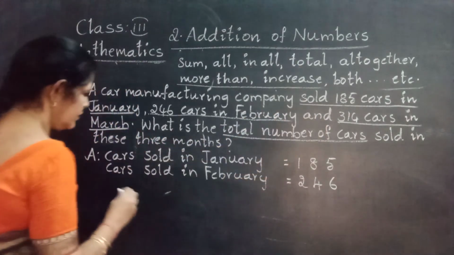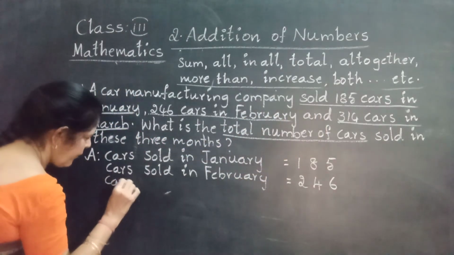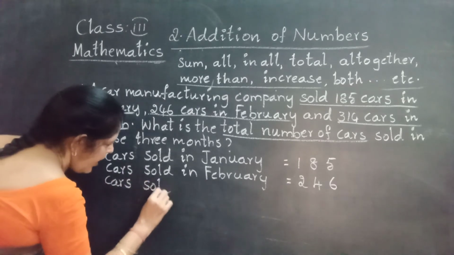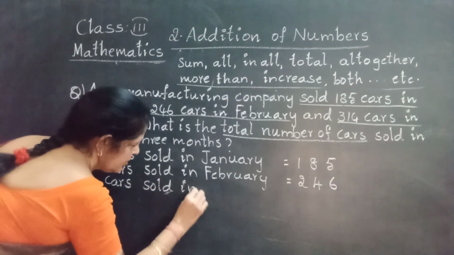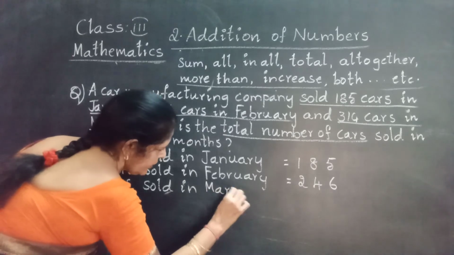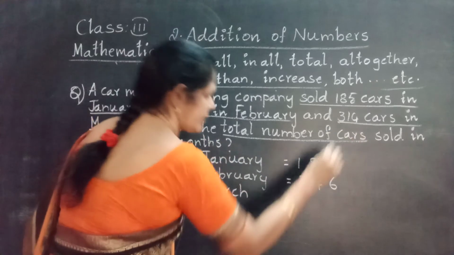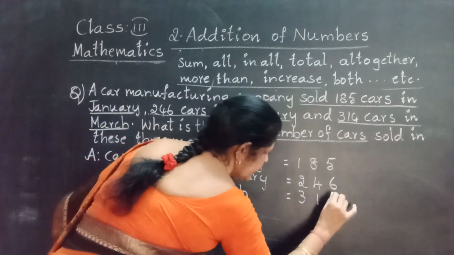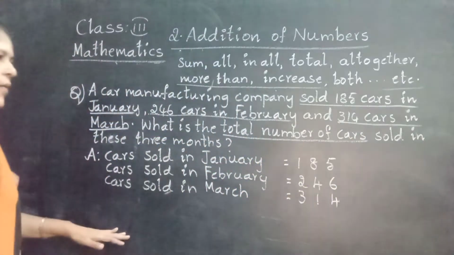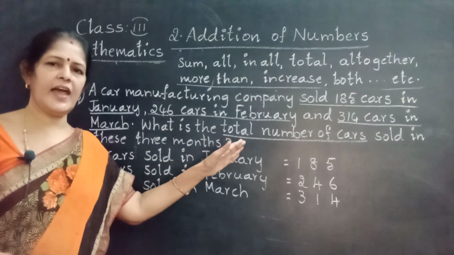Next, cars sold in March. How many cars sold in March? Look at the question. Come on, tell me the number. Yes, this is March. 314. What is the fourth step? What do you find out here?